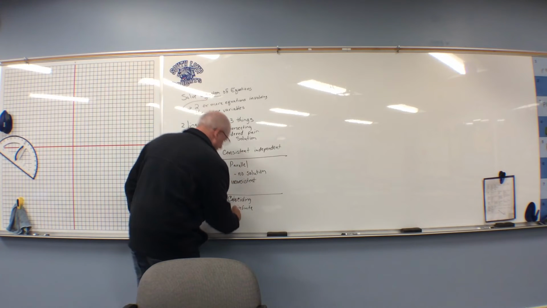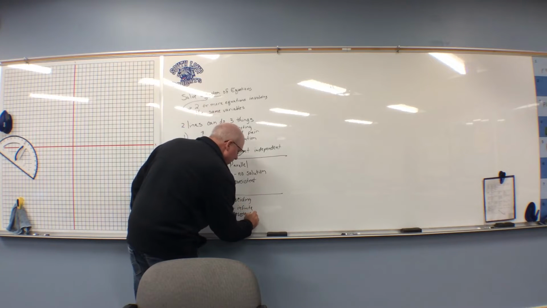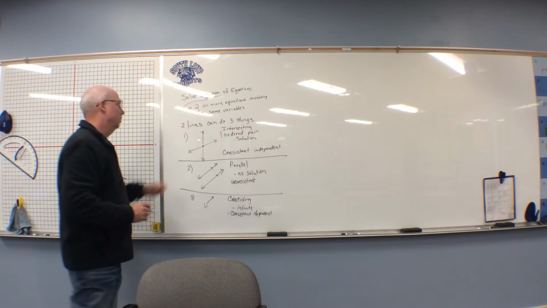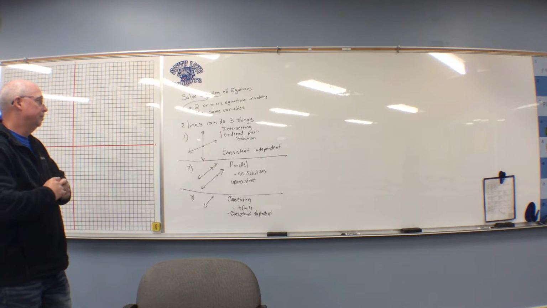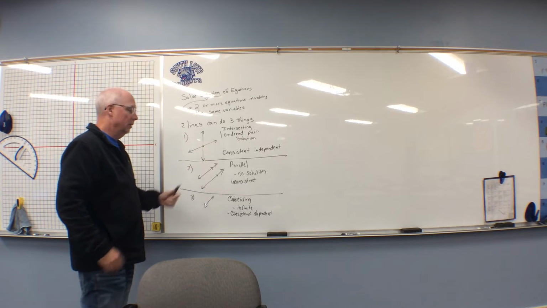And this is also consistent because it intersects. So it gets its name consistent by the intersection, but then it's dependent, not independent. So these are the three things that two lines can do. They can intersect, they can be parallel, or they can coincide.